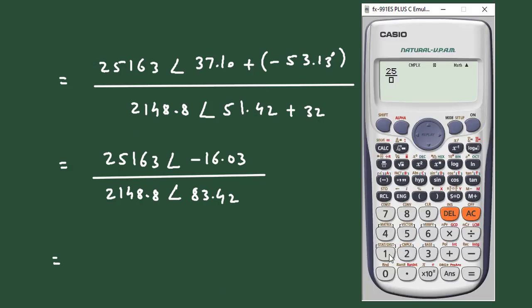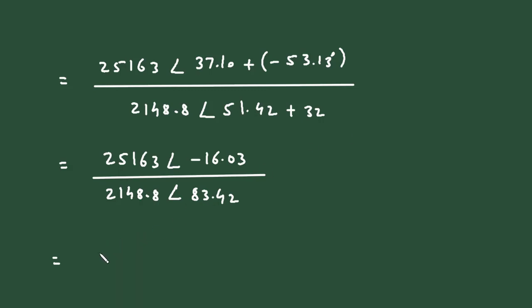So 25163 divided by 2148.8. So this is 11.71 at an angle minus 16.03 minus 83.42.